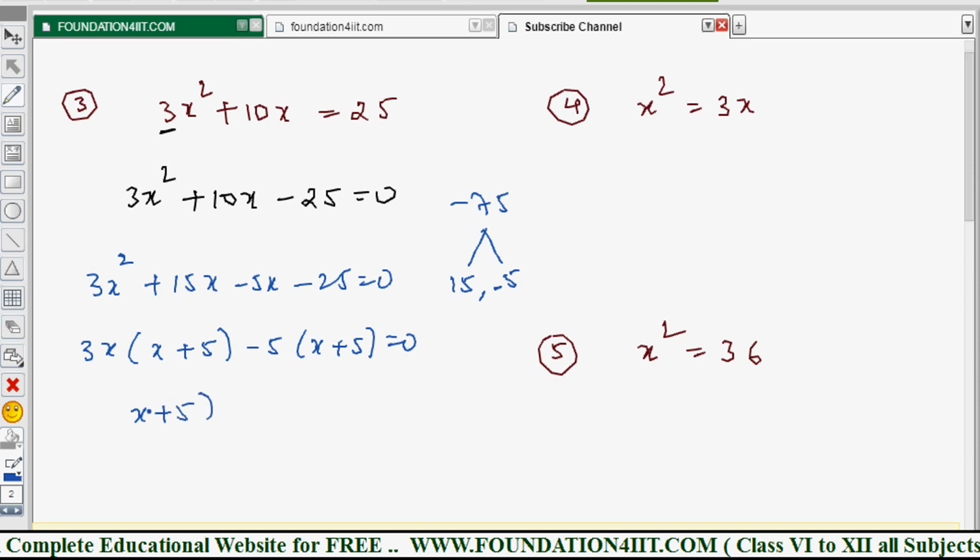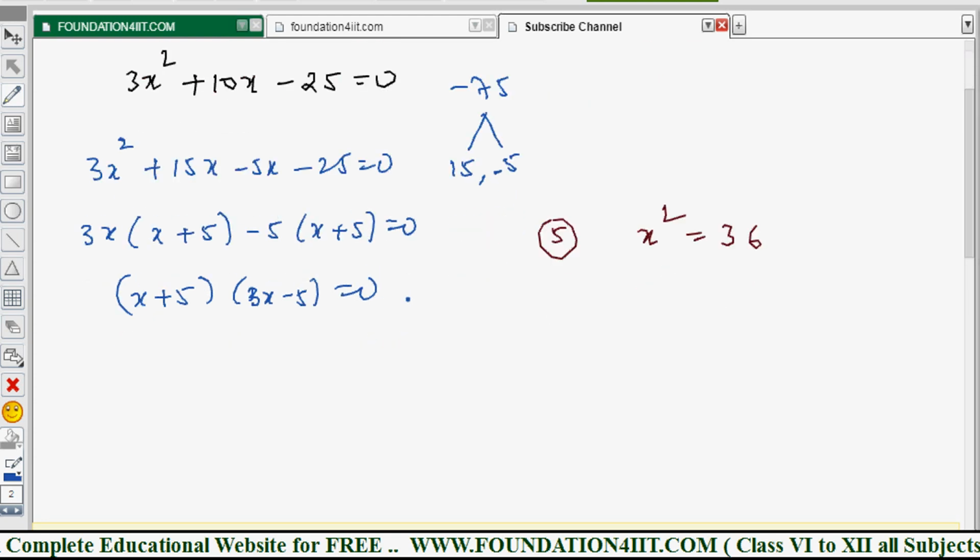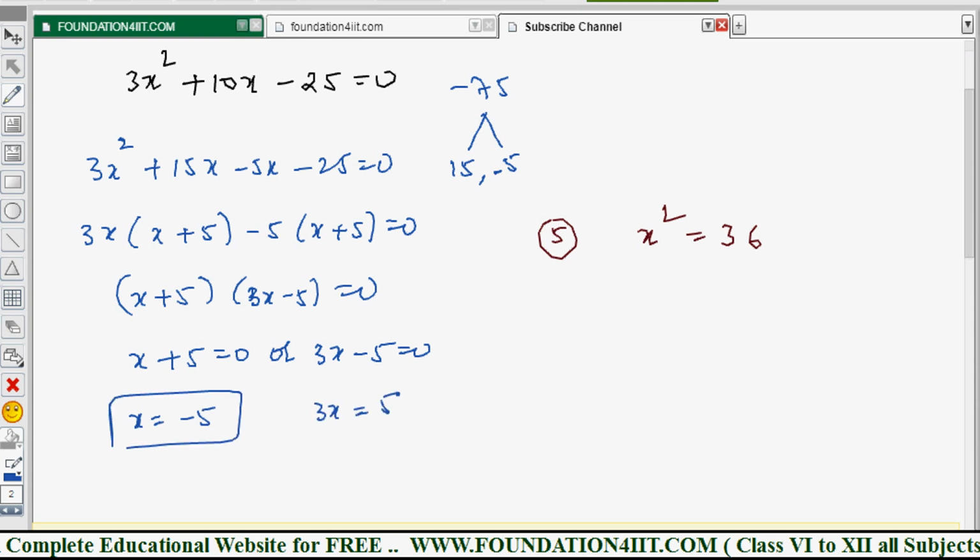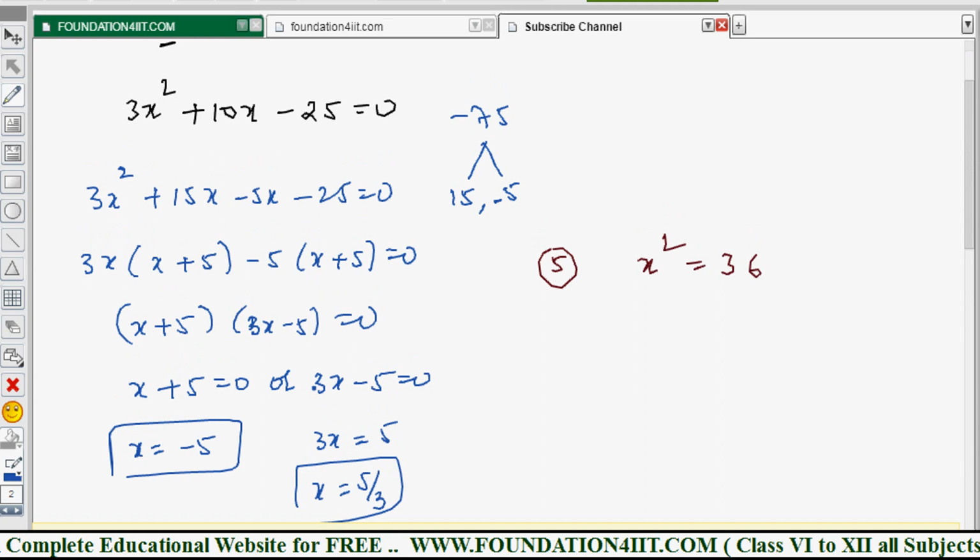So x plus 5 and 3x minus 5 is equal to 0. Now according to the zero product rule, x plus 5 is equal to 0 or 3x minus 5 is equal to 0. From this x is minus 5, one answer. 3x is equal to 5, so x is equal to 5 by 3, second answer. So the solution set is minus 5 comma 5 by 3.